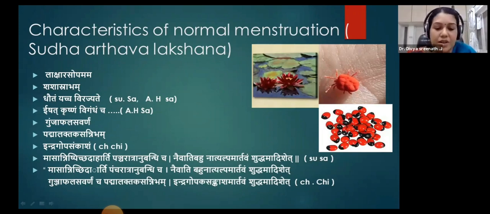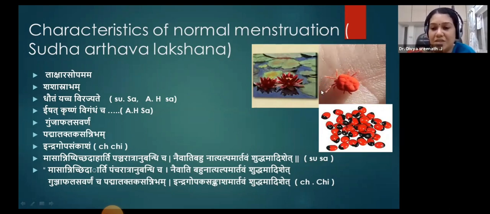That we had discussed, no? There should not be any heavy bleeding, nor much less bleeding, and without any burning sensation or severe pain. It should occur every month. And the color is also mentioned: Gunjaphala savarnam, the color similar to Gunja fruit, or Padmalaktaka sannibham, like that of a red lotus, or even Indragopa sankasham.